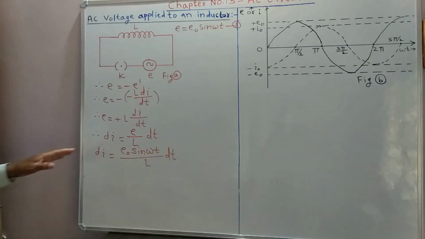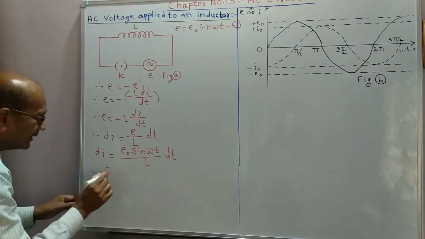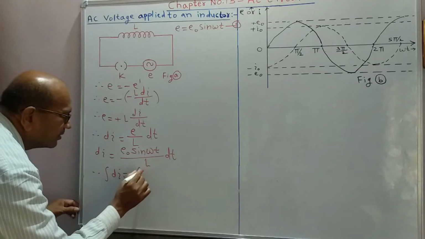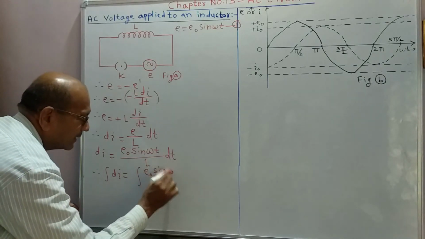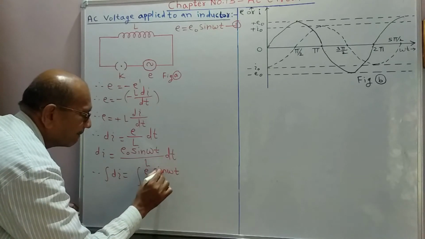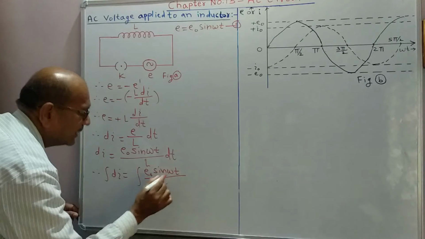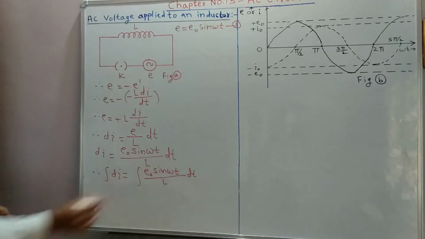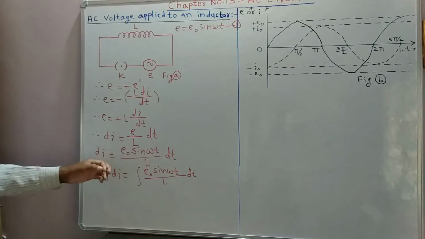Now integrating both the sides, integration di equal to integration E naught sine omega t divided by L dt.